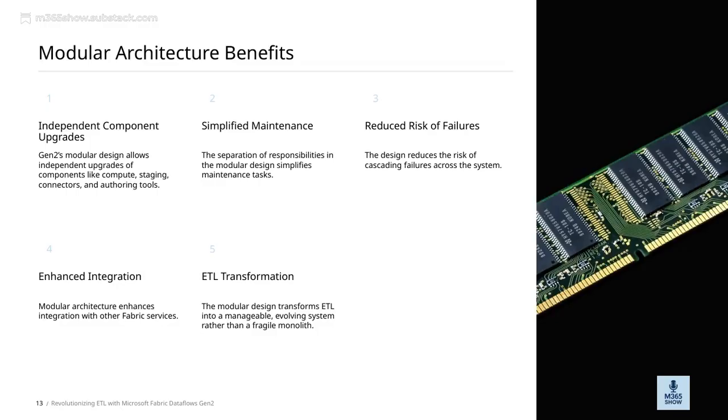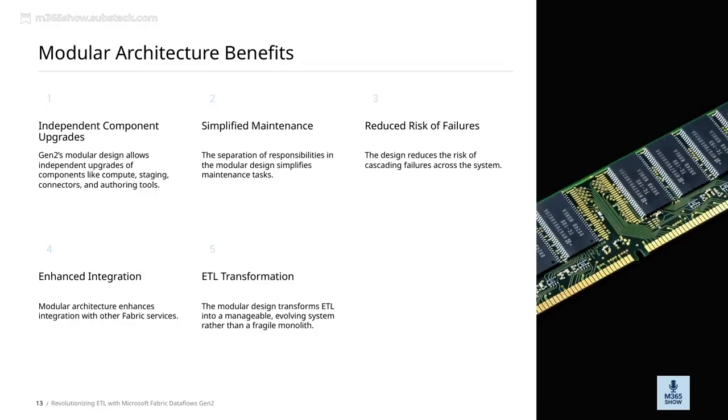Also, by separating responsibilities within the system, maintenance becomes much simpler. We can troubleshoot, update, or optimize specific modules without disrupting the whole process. Finally, the Gen 2 modular design allows for independent upgrades of various components, like compute, staging, connectors, and authoring tools.